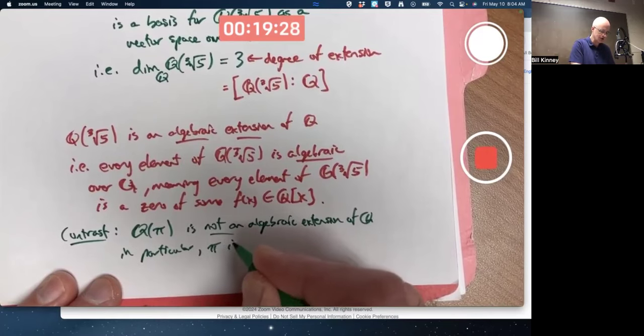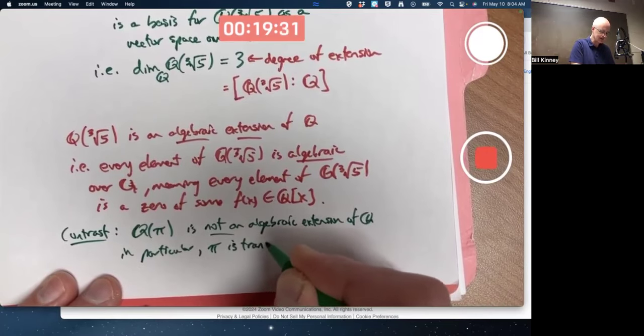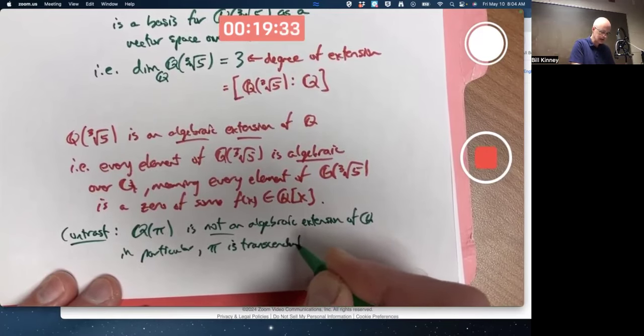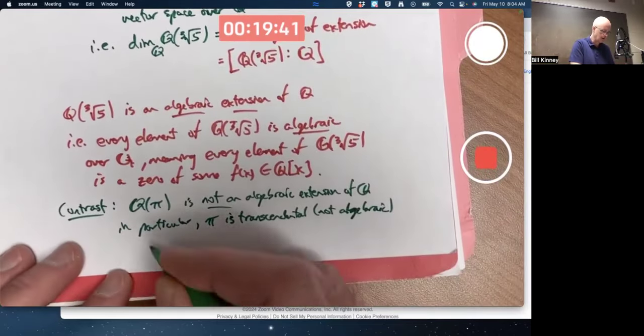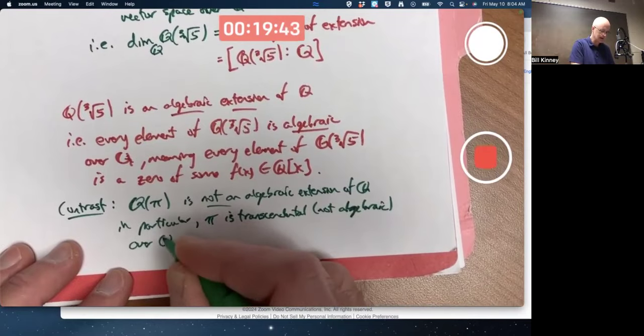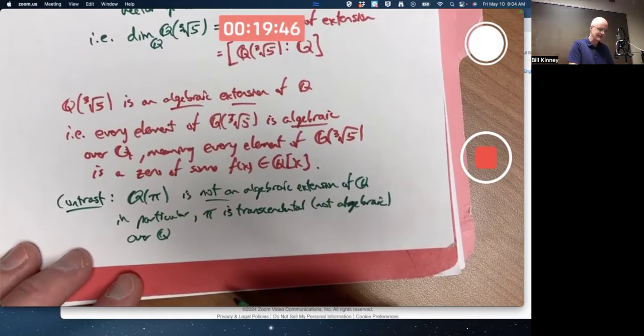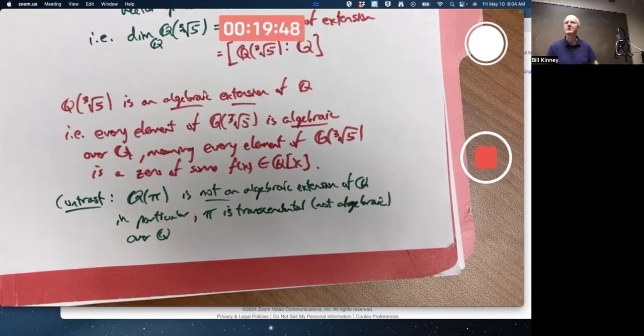Pi is transcendental, we say. Transcendental is the word for not algebraic over Q.